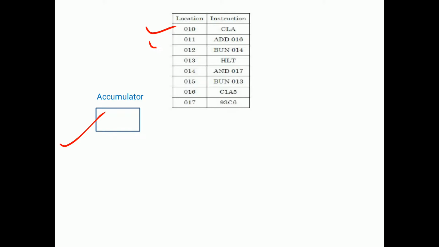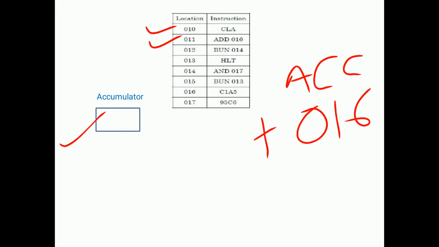The second instruction, at location 011, is ADD 016. It means that we have to add the content of the accumulator and the content which is given at location 016. The content which is present at location 016 is C1A5.